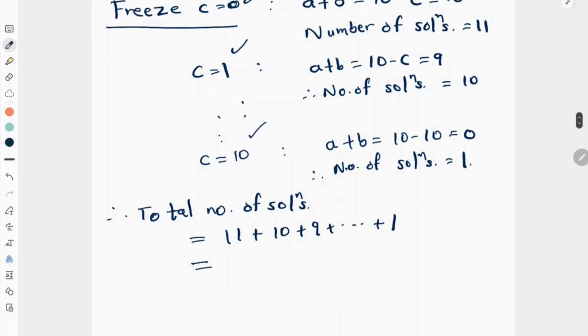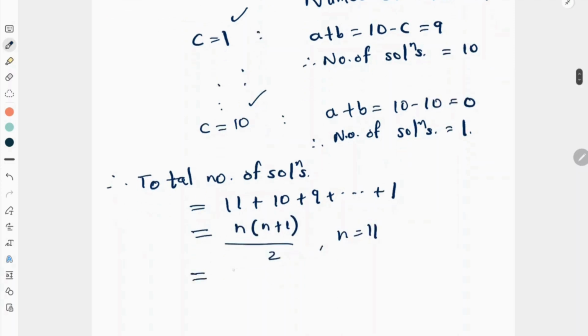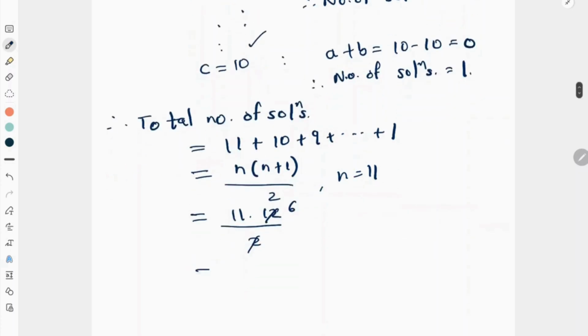We know from a previous video that the formula for adding the first n natural numbers is n times n plus 1 divided by 2. Here n is equal to 11. So this comes out to be 11 times 11 plus 1, which is 12, divided by 2. This is 6. So this is 66.